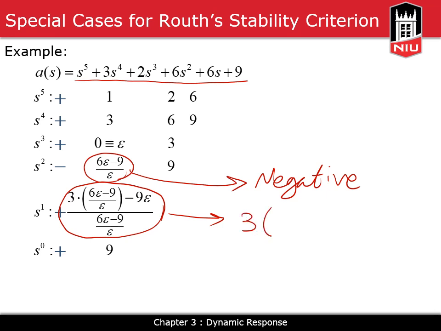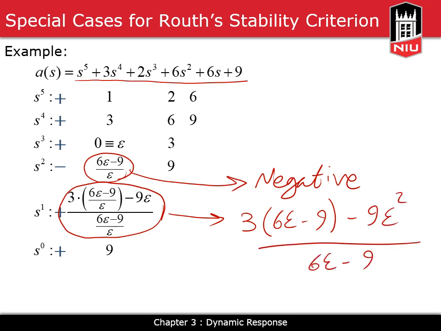I'll get 3 times 6 epsilon minus 9 epsilon squared, divided by 6 epsilon minus 9. Now if epsilon is 0 or approaches 0, then this term is 0 and this term is 0 and this is 0. So the answer will be 3 times negative 9 divided by negative 9, which is 3. 3 is positive. That's how we get the signs of these terms.